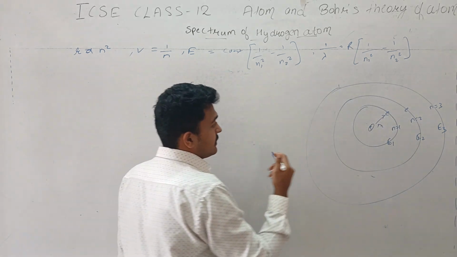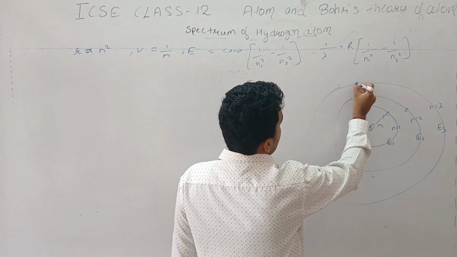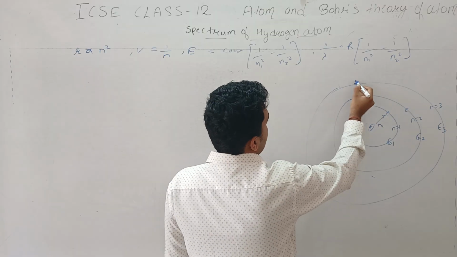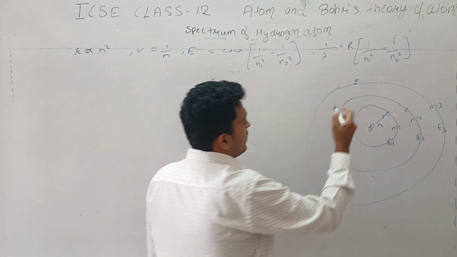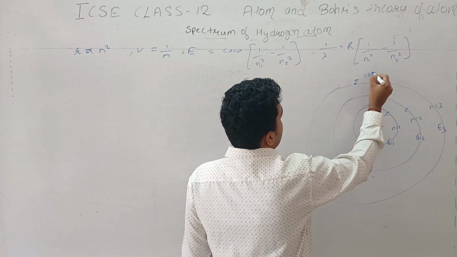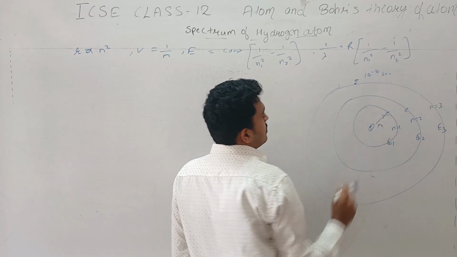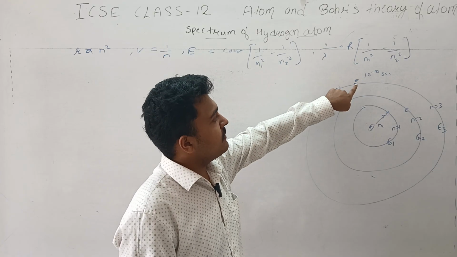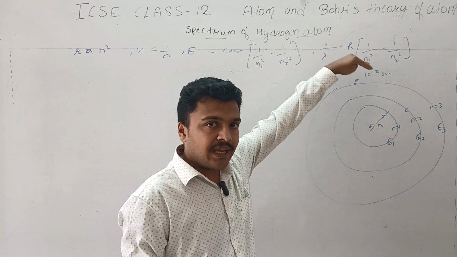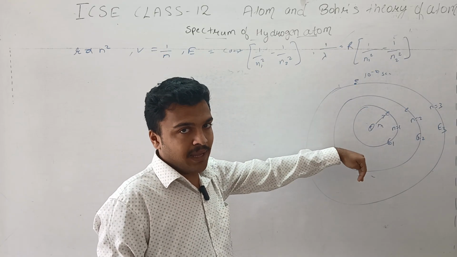Let the electron be in the third orbit. The electron is in the excited state, and it cannot remain here for more than 10 raised to power minus 8 seconds. After this much time, it has to come back.